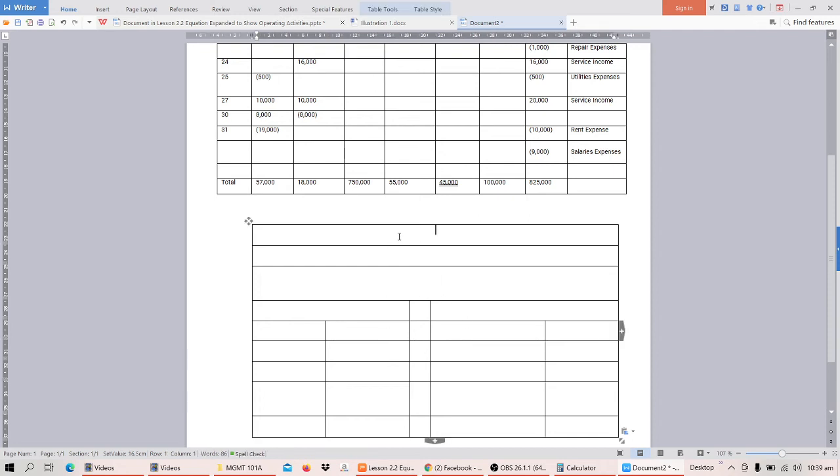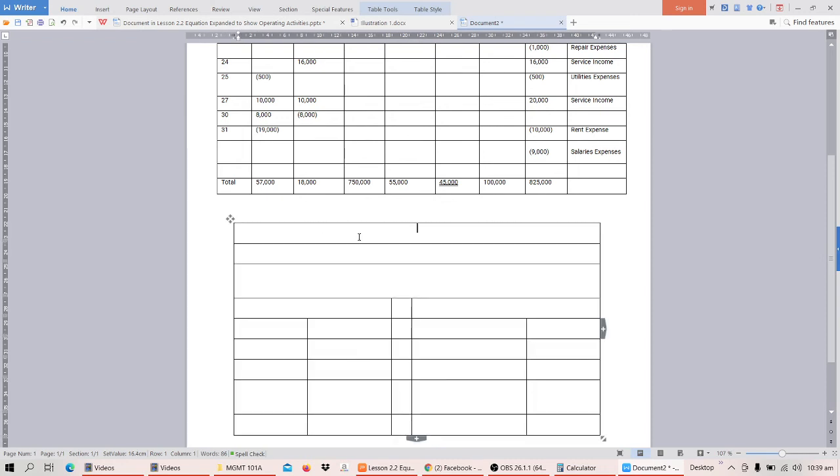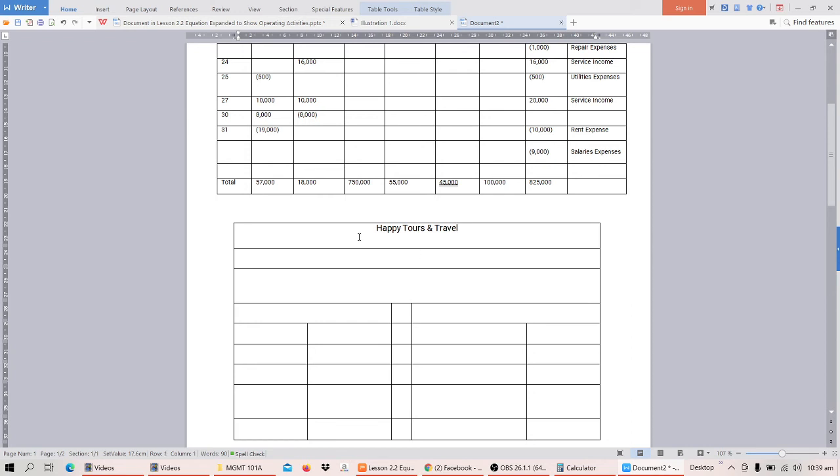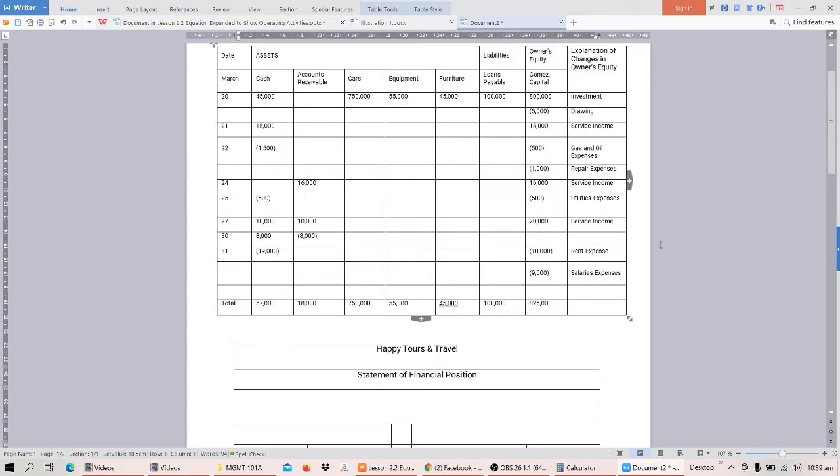Happy Tours and Travel, and then statement of financial position. Okay, and then before, we use the ending balance as dated March 20. So here now our date will be March 31.